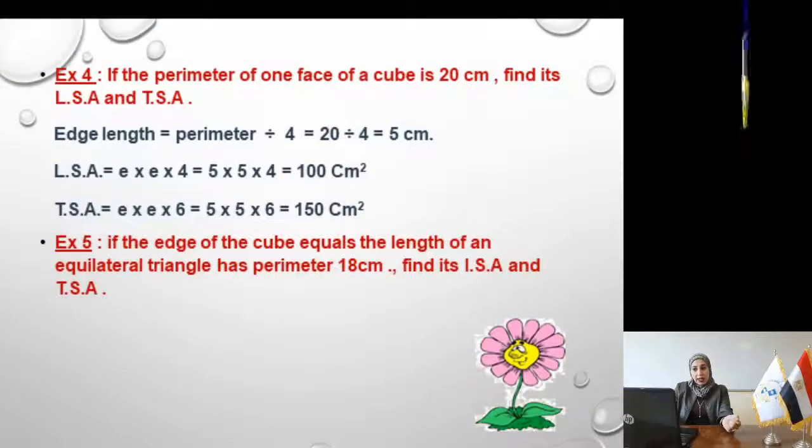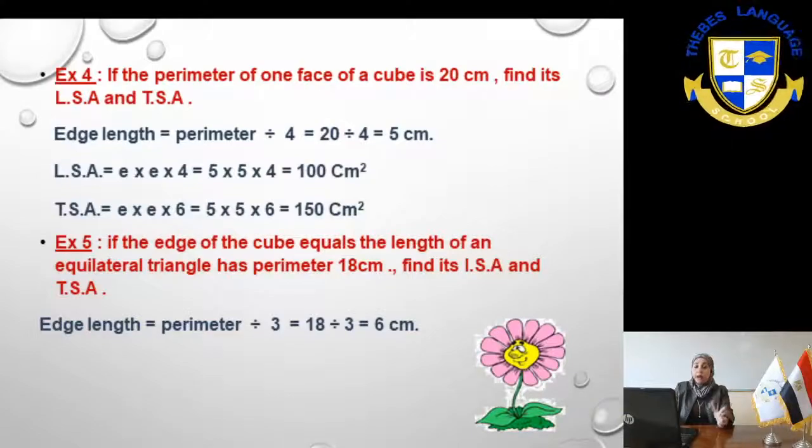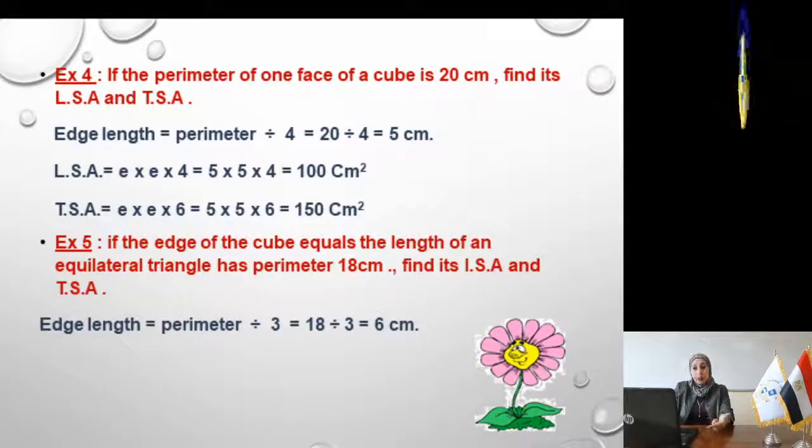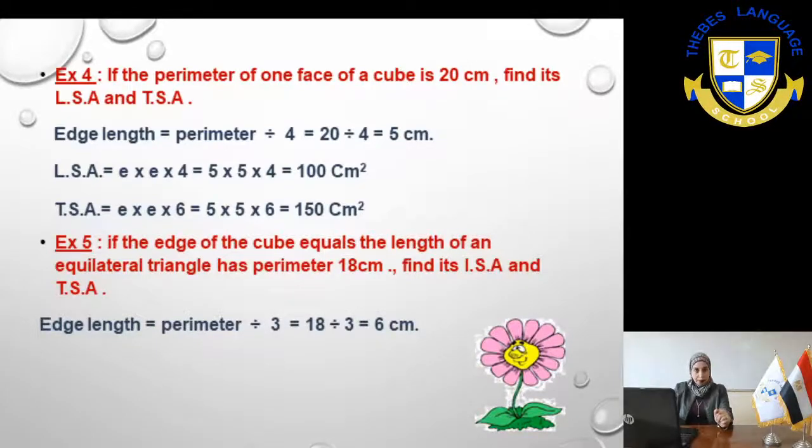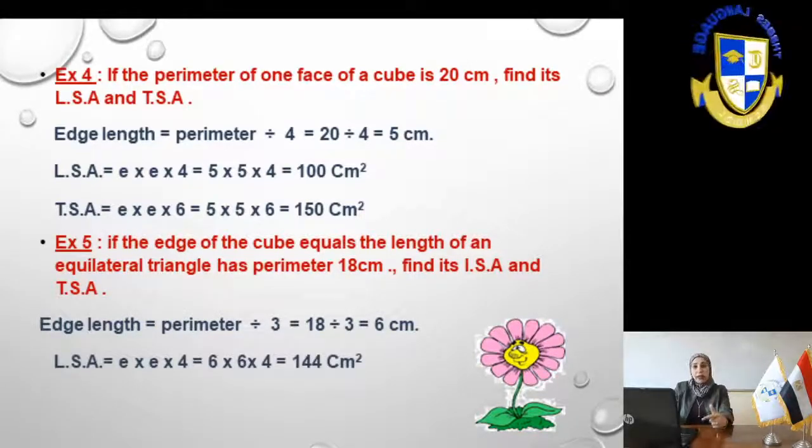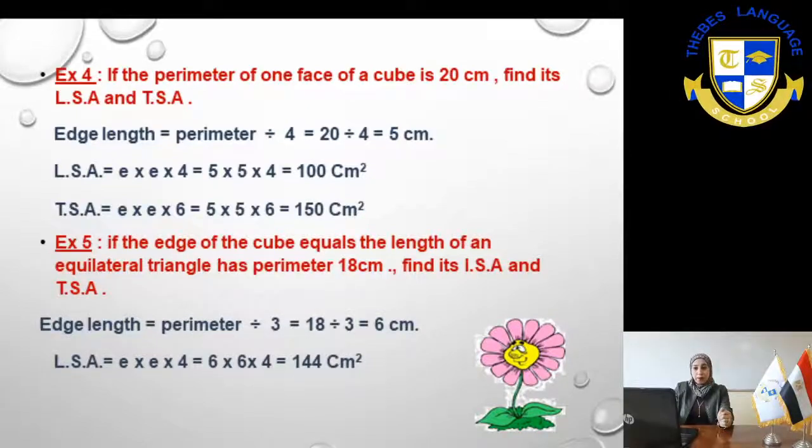So its perimeter equals side multiplied by 3. To calculate the side length, I'll divide the perimeter by 3. So it will be 18 divided by 3 equals 6 centimeters. Now I have the side length of the triangle, which is equal to the edge of the cube. So the edge of the cube equals 6 centimeters also.